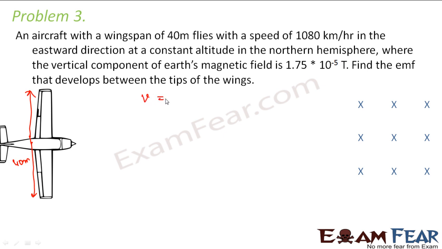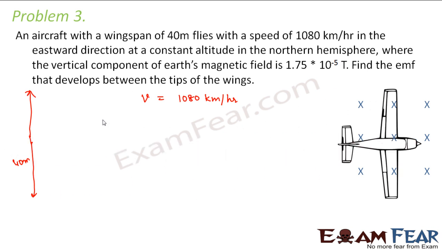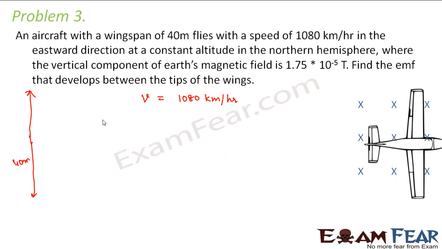So the velocity of the aircraft is 1080 km per hour in the eastward direction. That means it moves in the eastward direction at a constant altitude in the northern hemisphere, where the vertical component of Earth's magnetic field is 1.75 x 10^-5 Tesla. Find the EMF that develops between the tips of the wings.